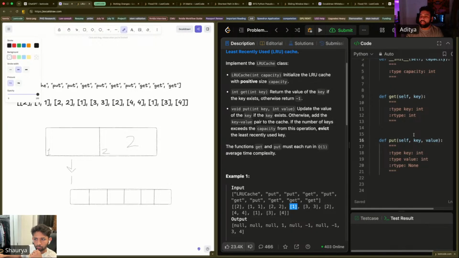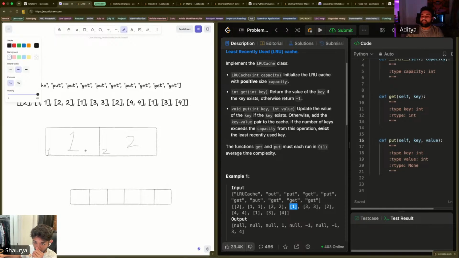So LRU, least recently used. Since one is used, two will be the least recently used, right? Since we just called one, that means this key becomes... Also, it's not getting removed; it's just getting accessed. Yeah, it's getting accessed, but it will be rotated back.